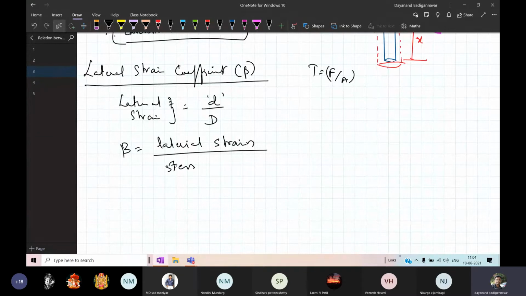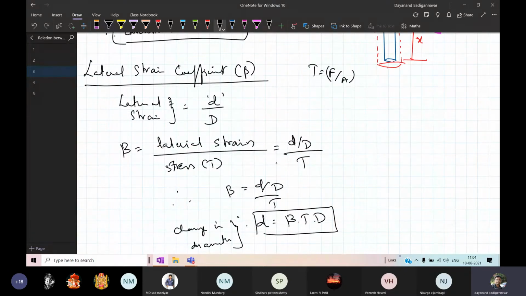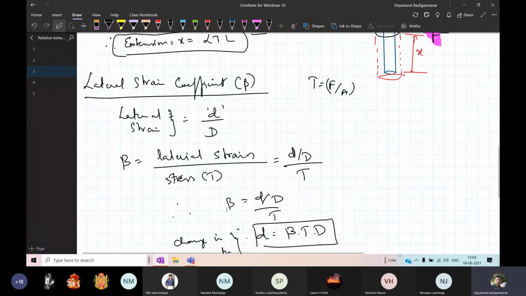The stress I have taken as T, and the lateral strain is d by capital D. Therefore, I can write beta is equal to d by D into T. Therefore, I can calculate d, the change in diameter. So the change in diameter d is equal to beta T into D. Now look here, these two equations we will use now.